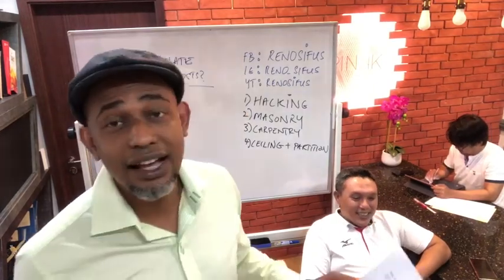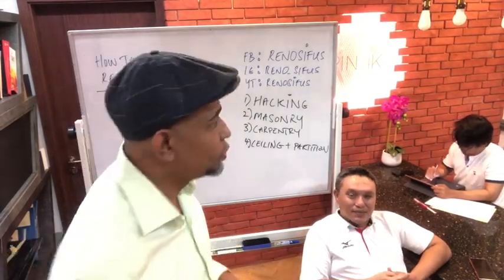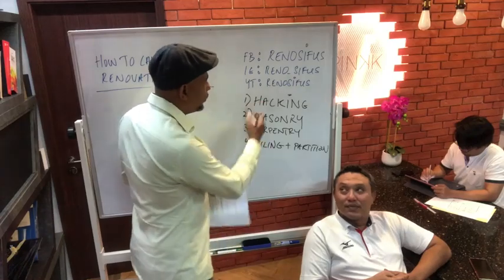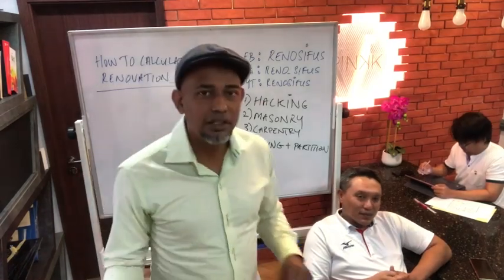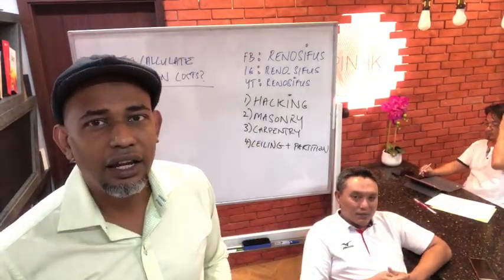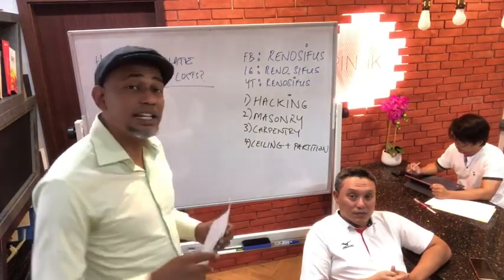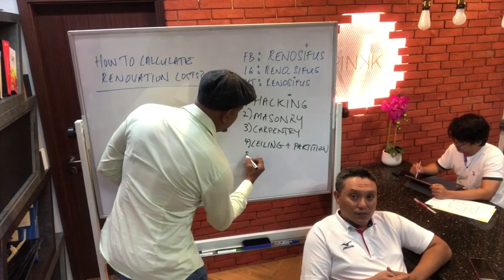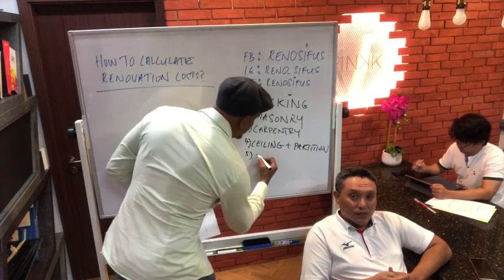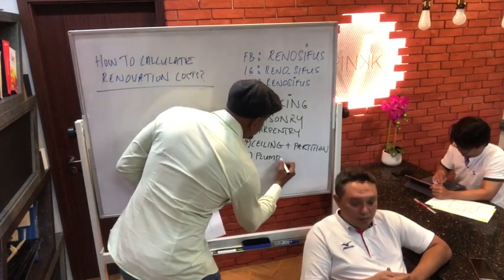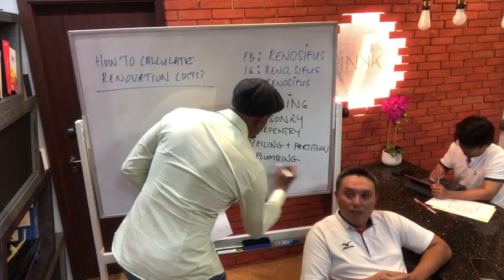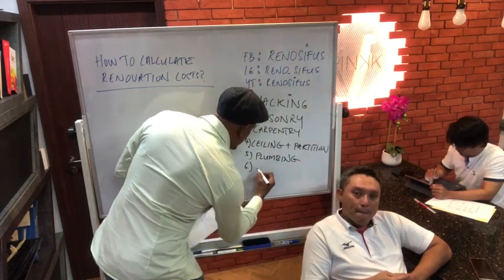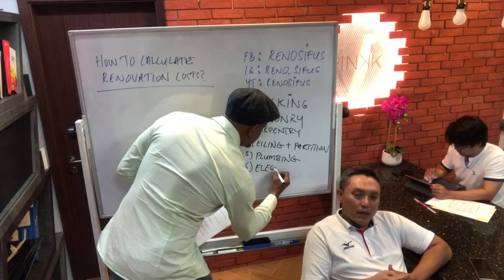And then we have other things as well that you need to take note of. So these are the 4 areas: hacking, masonry, carpentry, and ceiling and partitions. And then we also have number 5, plumbing works, and then you also have electrical works.